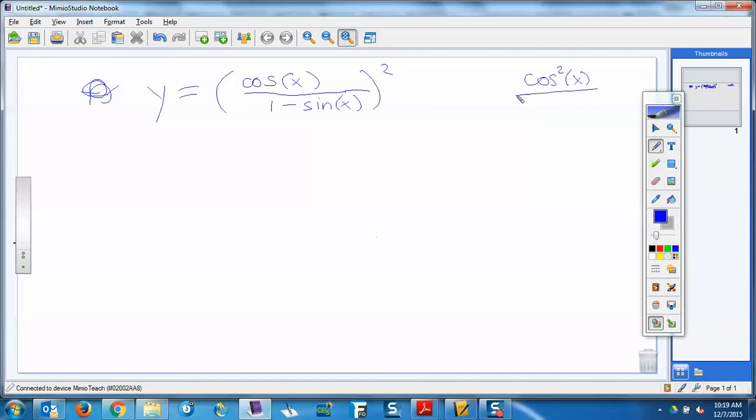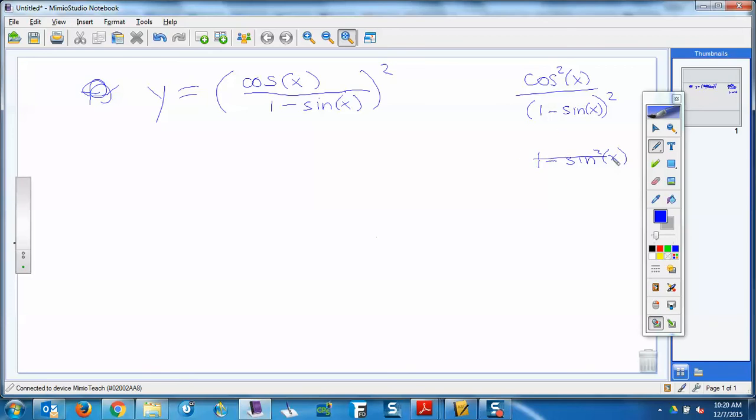You could square the top. The bottom would not be 1 minus sine squared. It would be 1 minus sine all squared, right? You'd have to FOIL that if you wanted to. Now, I wouldn't FOIL it. But the nice thing is, what's another name for cosine squared? That is 1 minus sine squared, right?